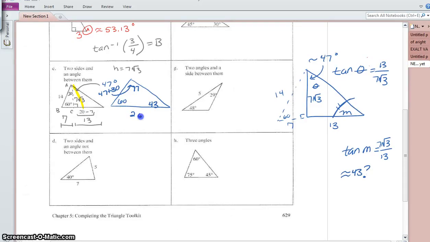So if this is 20 and this missing side is 14, then really all I need to find is this side, and I'll bet I have enough information here. So if m is approximately 43, how about if we use sine of 43?